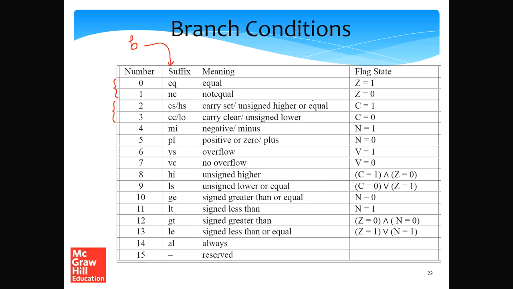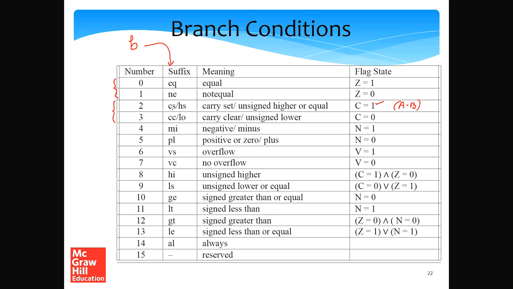The way that we would compare any unsigned number A and unsigned number B is that we subtract B from A. If A is greater than or equal to B, which means it's unsigned higher or equal, then there will be no borrow, so the borrow will be false. As a result, the carry bit will be equal to 1. This is pretty much the condition that the hardware checks, that is, whether the carry bit is equal to 1. In this case, this particular condition is true.